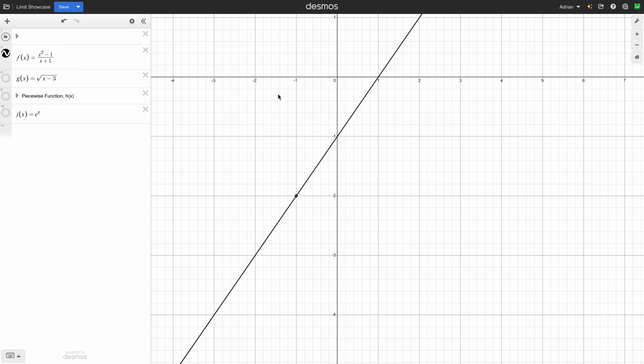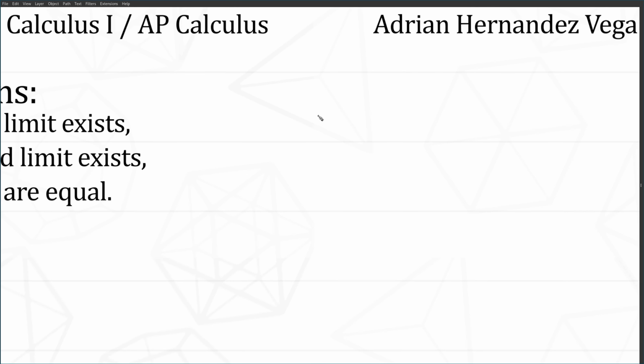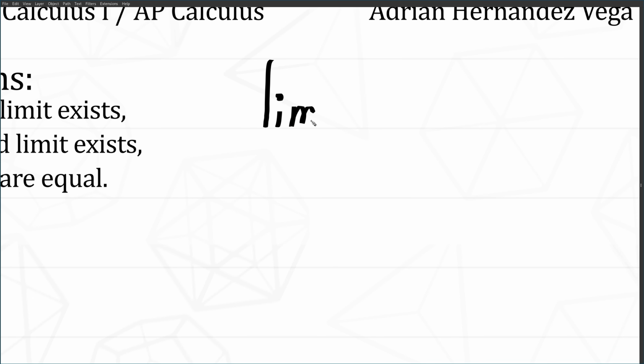Let's write that in math notation. Okay, so in math words, this is how we would do it. We're going to write first lim, short for limit. And here, we're going to write what we're getting super duper close to.